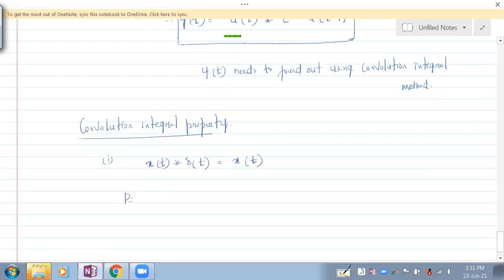Okay, so let's go with the proof of this. Let's take the LHS, which is x of t convolved with delta of t.